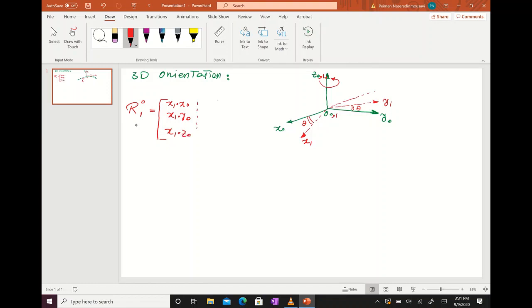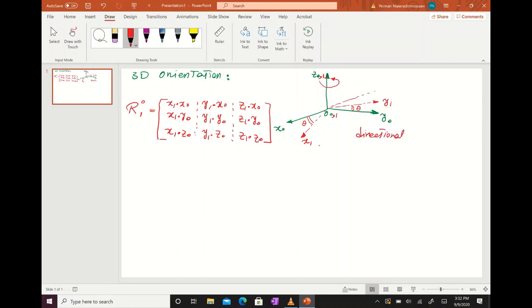Then y1 x0, y1 y0, and y1 inner product z0. And finally z1 inner product x0, z1 y0, and z1 z0, obviously.